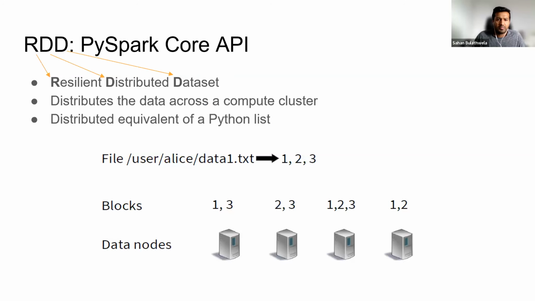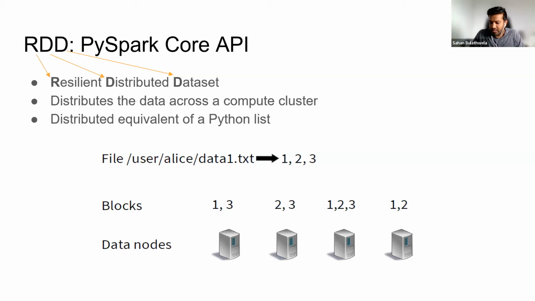So when we are working with large data sets with Apache Spark, the main data structure that we want to familiarize ourselves with is the RDD data structure. RDD stands for Resilient Distributed Data Set. So what is an RDD? An RDD is the data structure that takes your large data set that doesn't fit in your laptop, for example, and stores it across this cluster of computers.